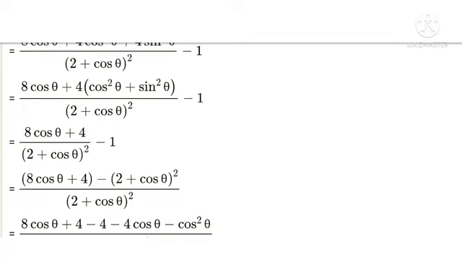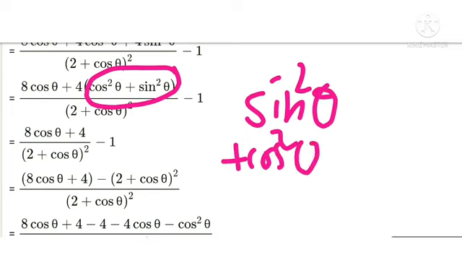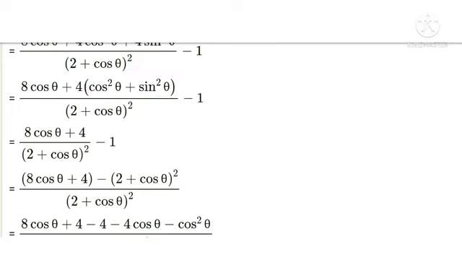You take separate. Here you notice that cos square theta plus sin square theta is nothing but 1. You know the identity, sin square theta plus cos square theta is equal to 1. You had learned it from 9th standard. So we get (8 cos theta plus 4) upon (2 plus cos theta) square, minus 1.